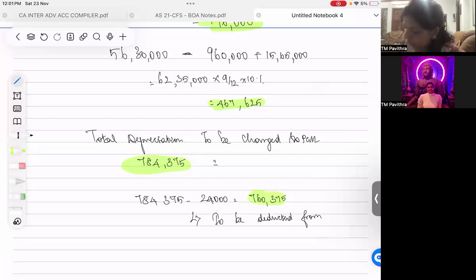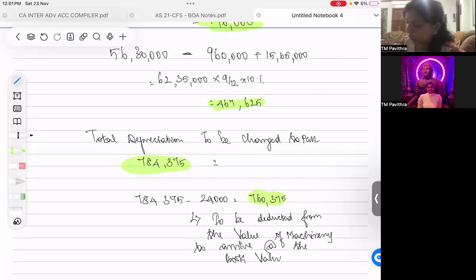So this is the depreciation that is to be deducted from the value of machinery to arrive at the book value as on 31/3/2023.